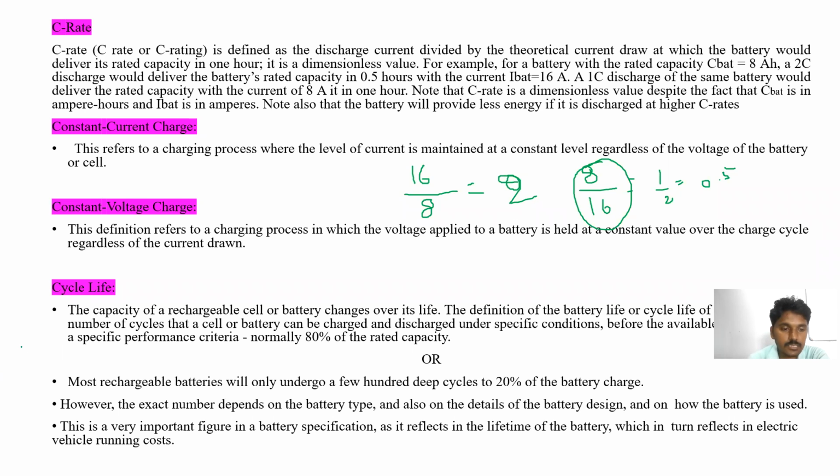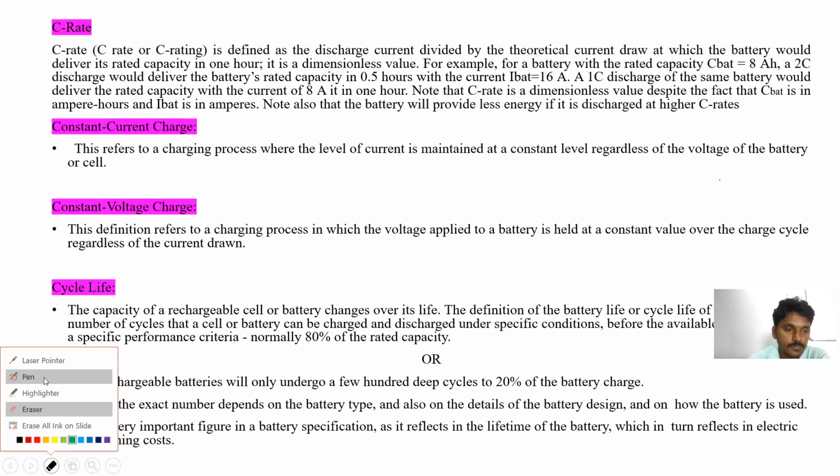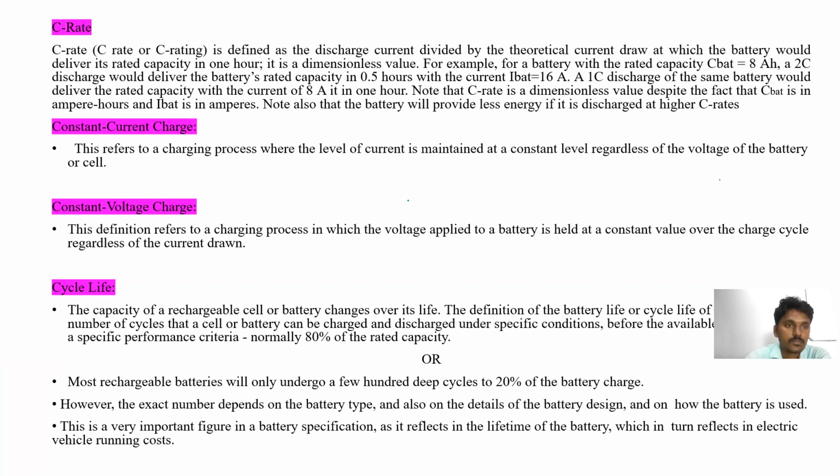And constant current charge. What is meant by constant current charge? It is a charging process where the level of current is maintained at a constant level regardless of the voltage of the battery or the cell. So the battery or cell is charging with a constant current throughout the time, irrespective of the voltage.